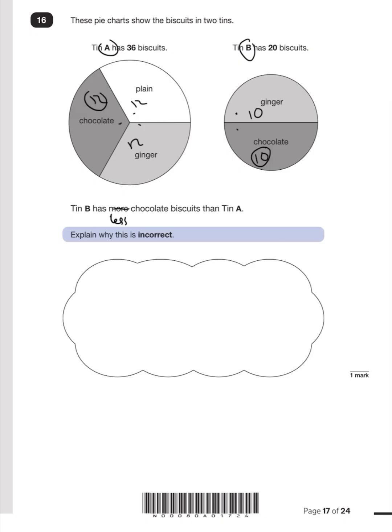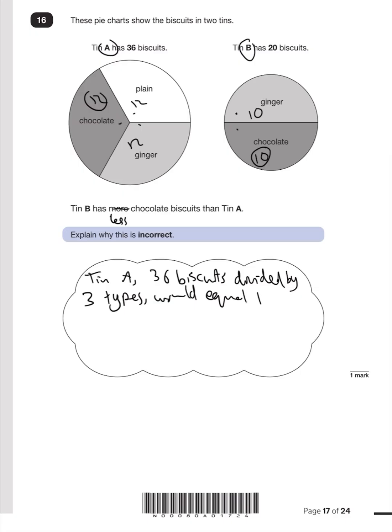So I'm going to say tin A, 36 biscuits divided by 3 types would equal 12.